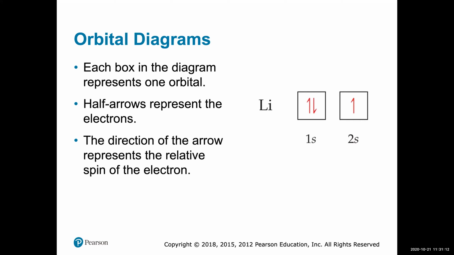You see one arrow going up, one arrow going down. The up and down represents the different spin. If you only have one electron present, like in the 2s, you always draw it with the arrow going up. That's just the convention that's used.